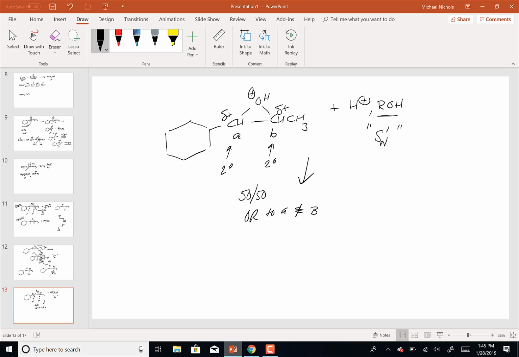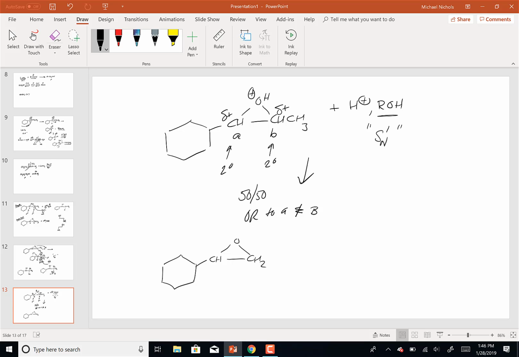Now I can change conditions. Let's say I wanted to take my epoxide, and just for this, I'm going to make that a CH2 so it's clear which one is more or less sterically hindered and which one's going to have more or less delta positive charge.